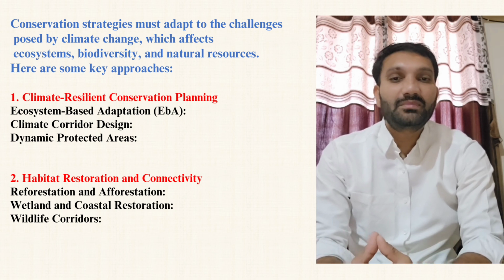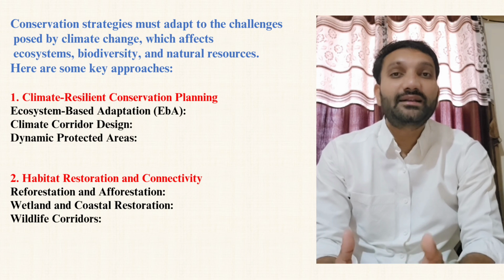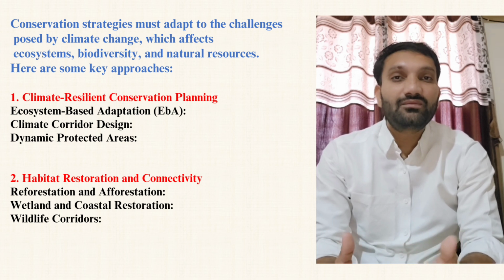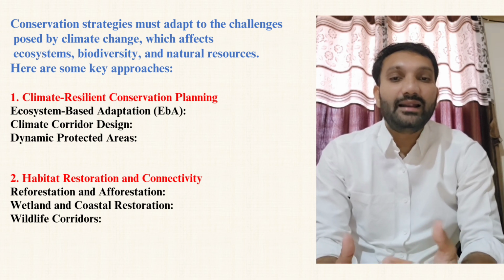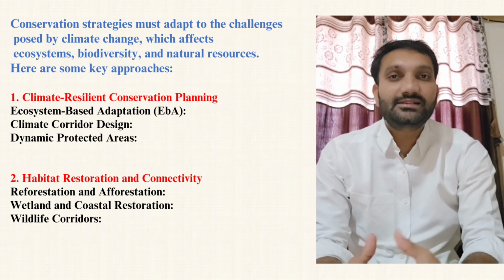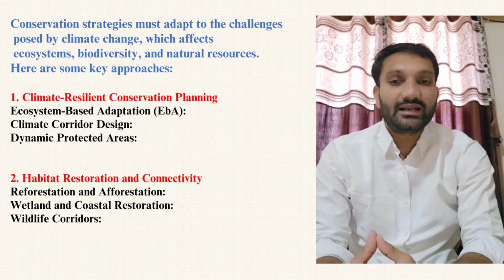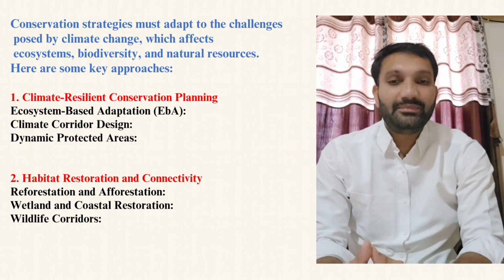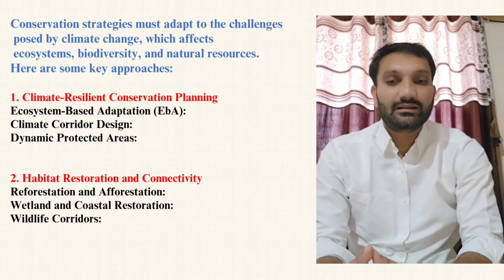But if the species number is very low, we need to protect those areas. We need to focus on those areas, and we need to adjust the conservation boundaries for the changing distribution of species.